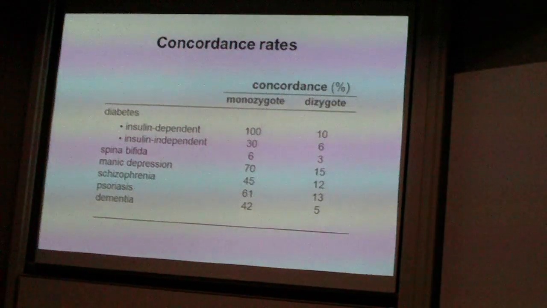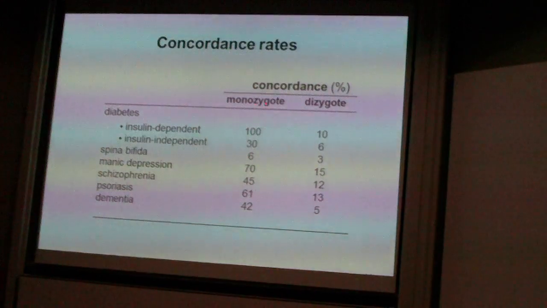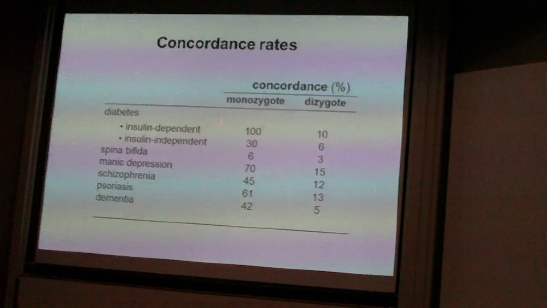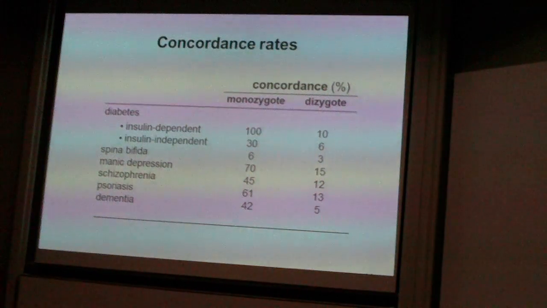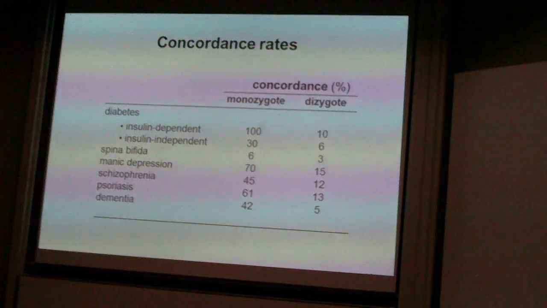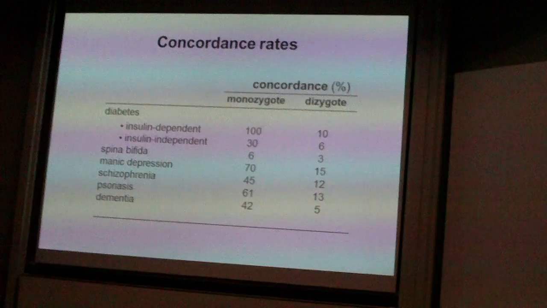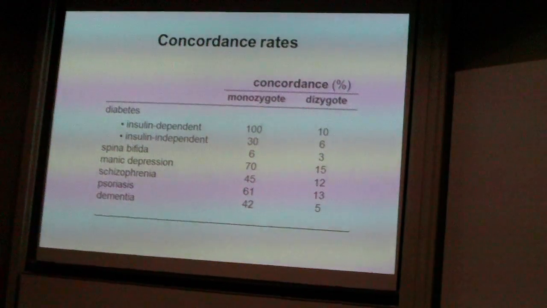Maybe I can already show you this slide here. For some diseases you see the concordance in monozygotic versus dizygotic twins. Of course, monozygotic twins will share most of the genes, and dizygotic twins will share some genes, and if you then compare the frequency, in some cases it goes up to 100%, indicating that genetic makeup is really important in developing disease.